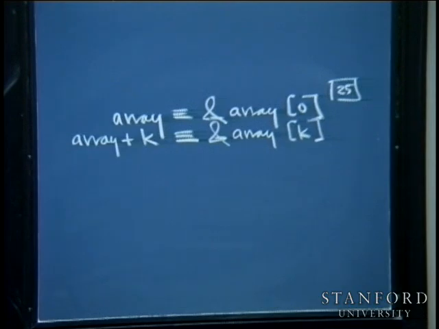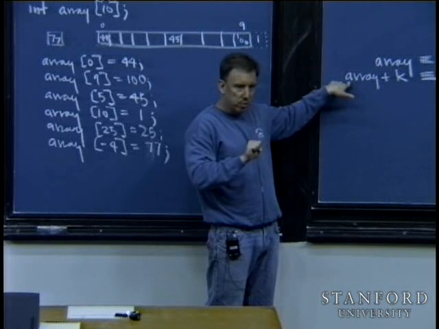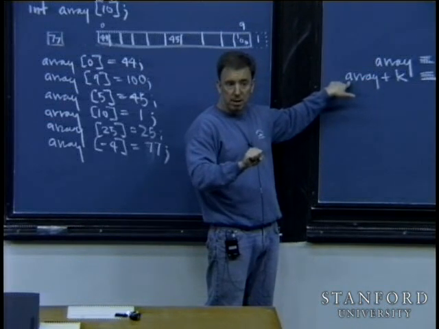So the first line isn't array so much as it is array plus 0 on the left-hand side. Given that example, array is of type int star. There's no storage for array. It's not like the base address of the array is stored anywhere that you can manipulate.